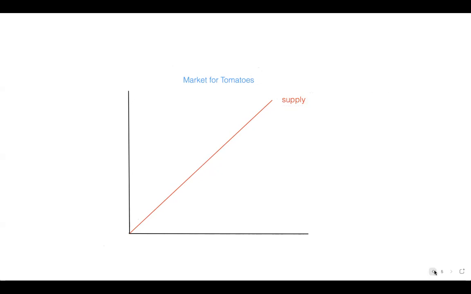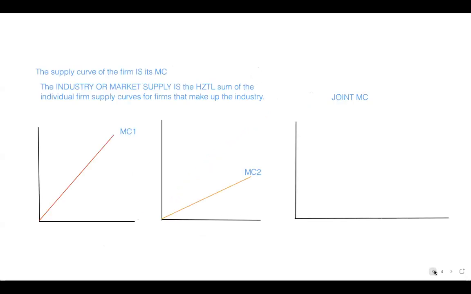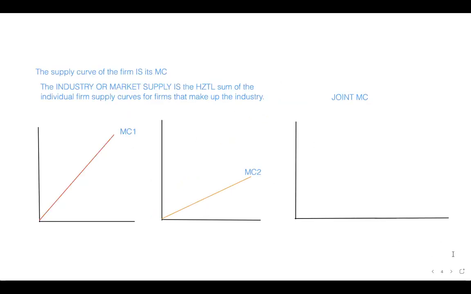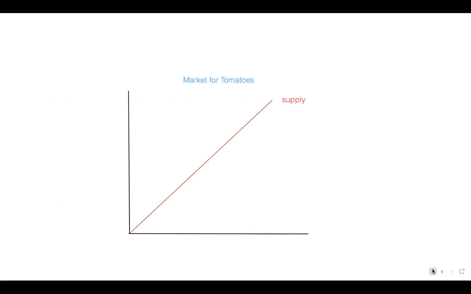Well, but the question is, if this is the market for tomatoes, then there's farmer one and farmer two who each have their own supply decisions, right? How do they jointly combine their individual supplies to make up the market?